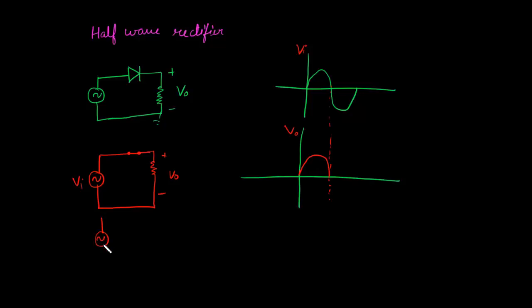We draw the equivalent circuit diagram, and here we have an open circuit. V output, so up to this point we have 0. Continuing in this way in further cycles, it will be again like this, and this goes on.